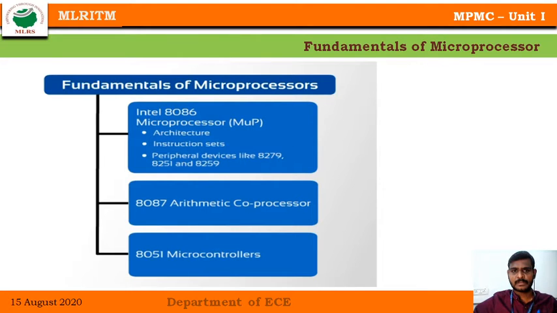Not only the peripherals, we are also going to see the 8087 arithmetic coprocessor, what an arithmetic coprocessor is and its detailed architecture. And we are also going to discuss the fundamentals of the 8051 microcontroller.